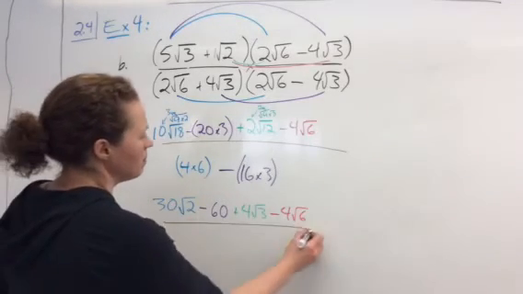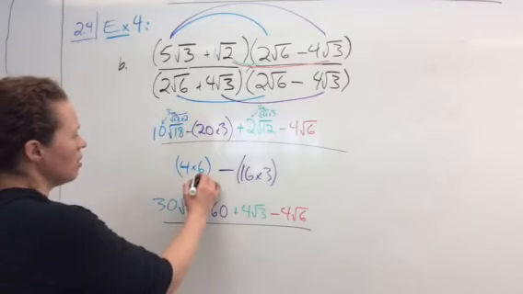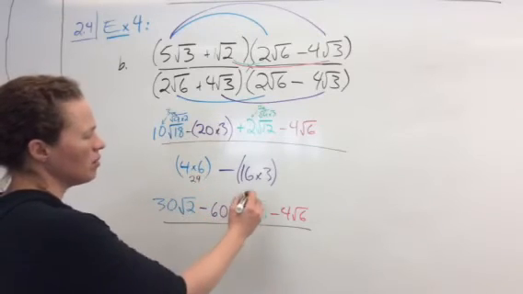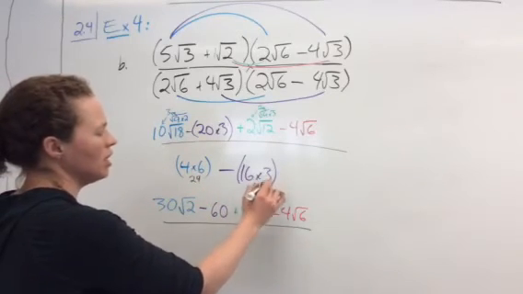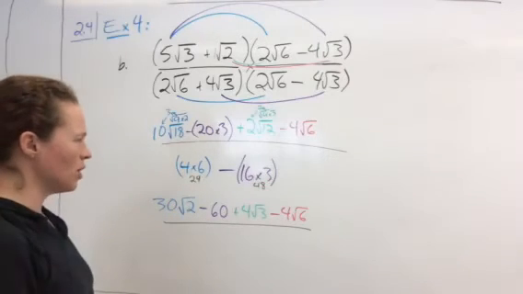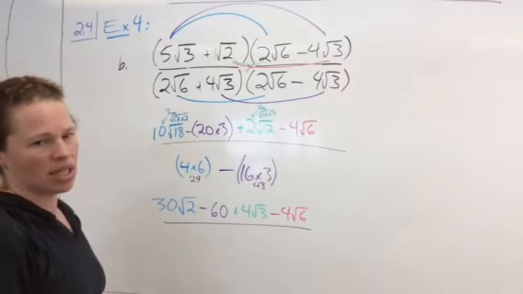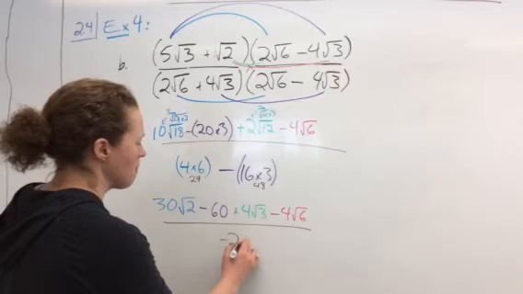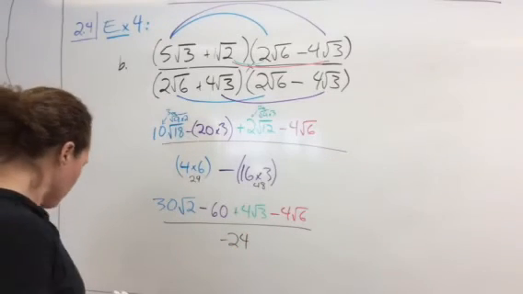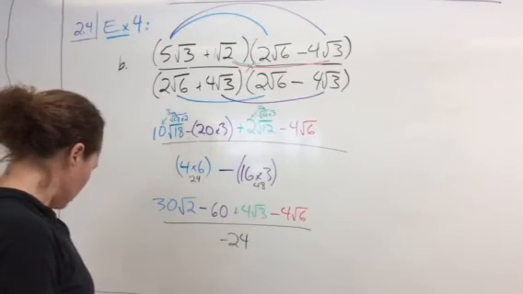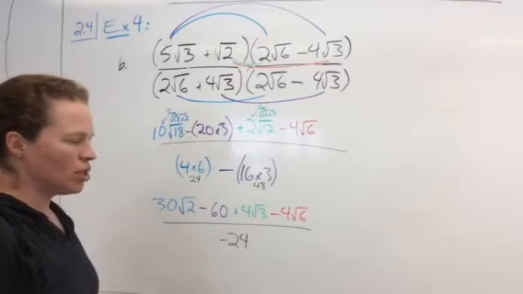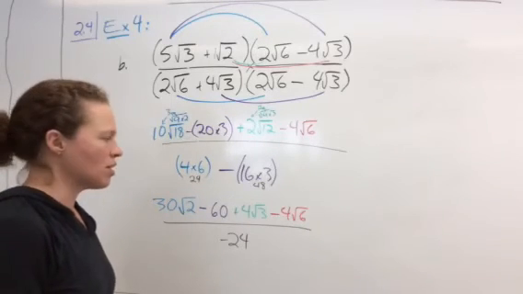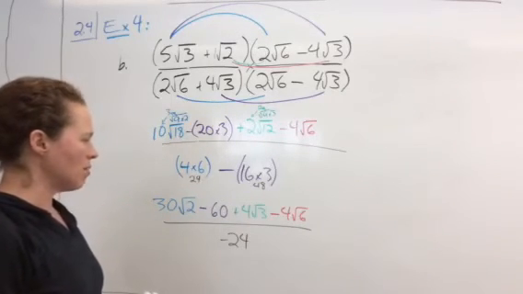Now on the bottom, we've got 4 times 6 is 24, and we've got 16 times 3 is 48. 24 minus 48 should give us negative 24. So now that we've got that, we want to just take one last look and ask ourselves if there's a factor that comes out of everything.